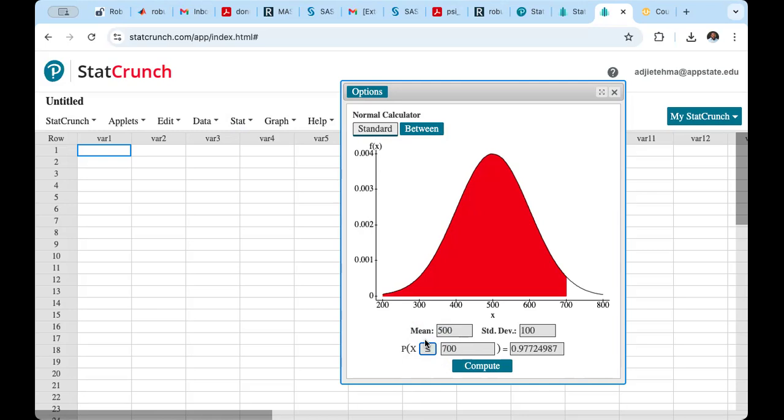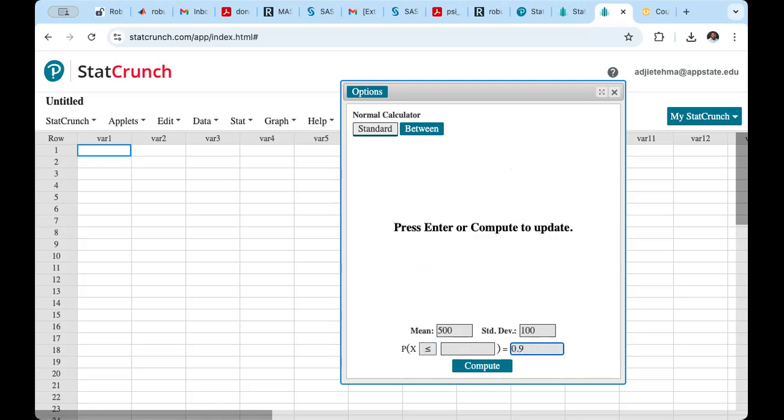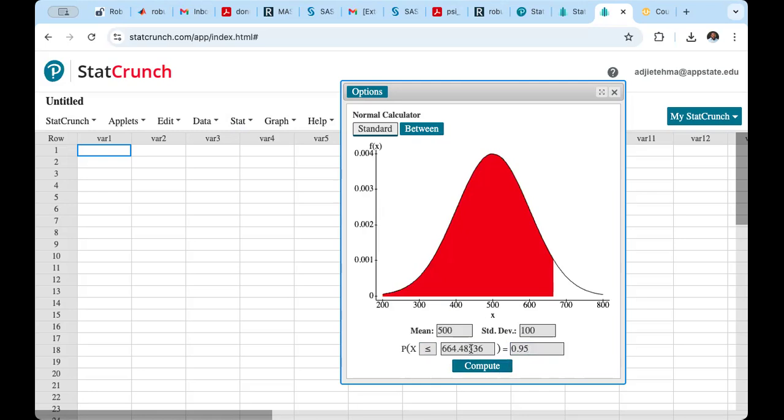It could be the 80th percentile, whatever percentile it is. You have to come to standard. Here has to be less than. And then we put in 0.95 here, and we hit compute. So you see, it has given us 664.485.